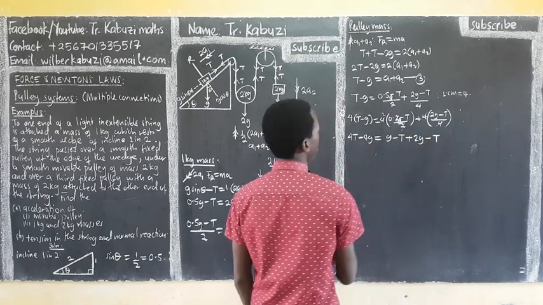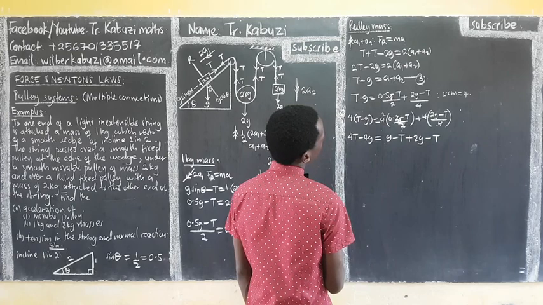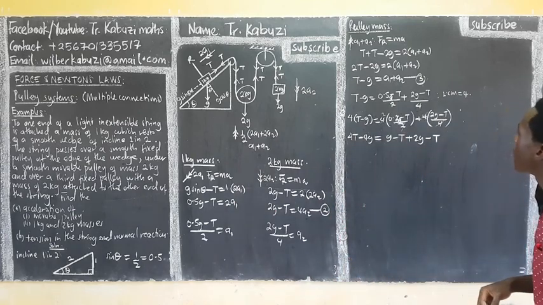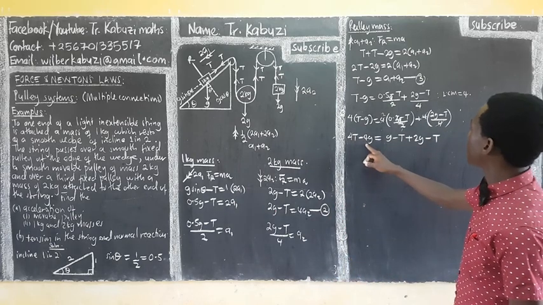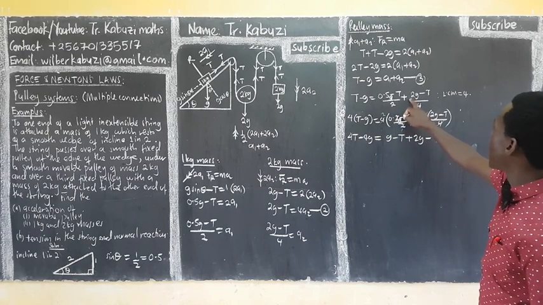When you bring it inside, you get 6T. Sorry. That is okay, unless there is a mistake. Yes, that is okay. Is this okay? Okay. So by default here.